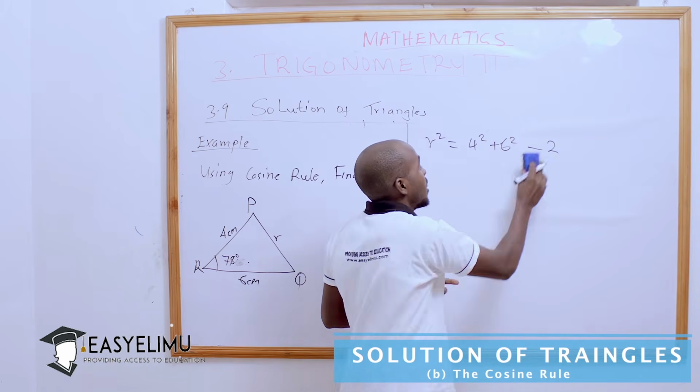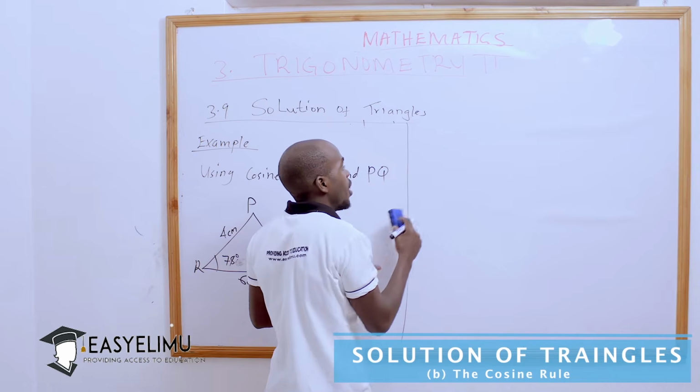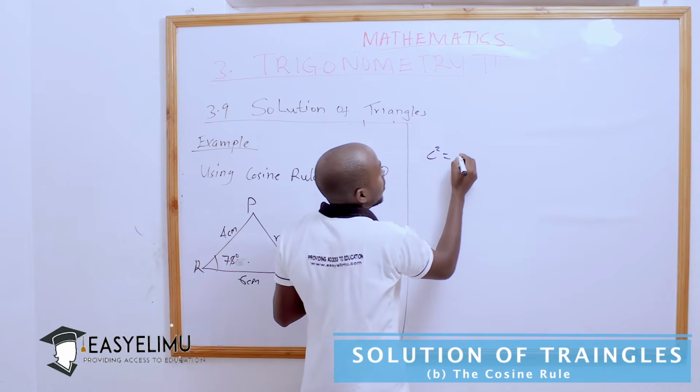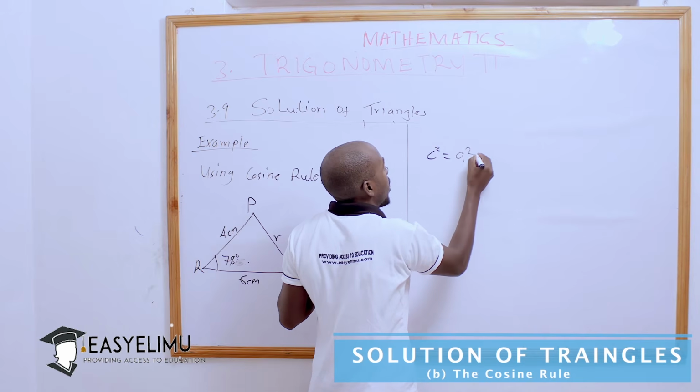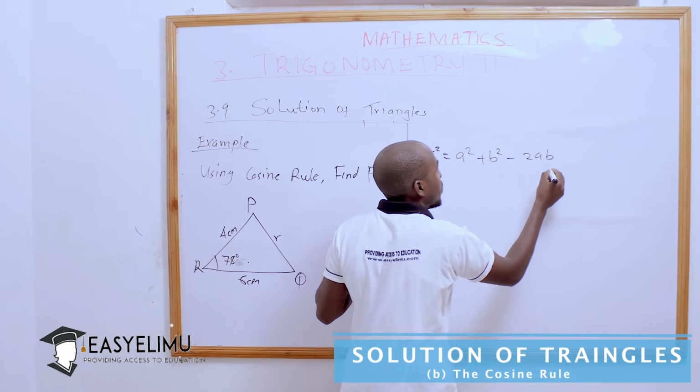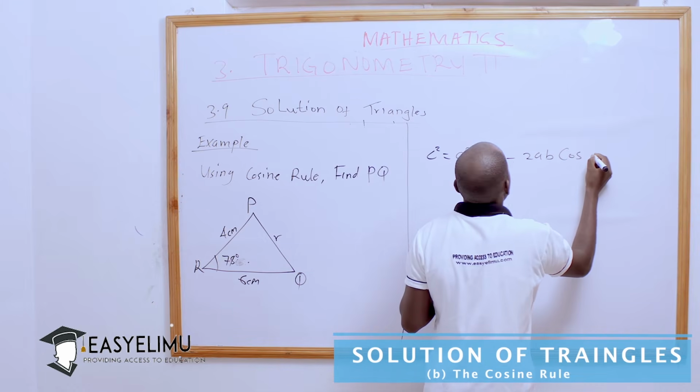Let me first write that general formula, whereby we say c squared equals a squared plus b squared minus 2ab cos C.